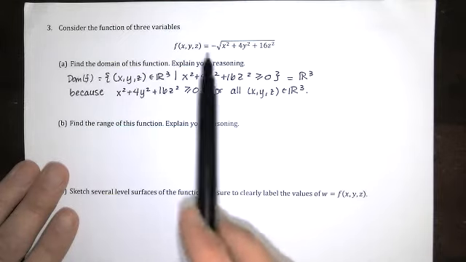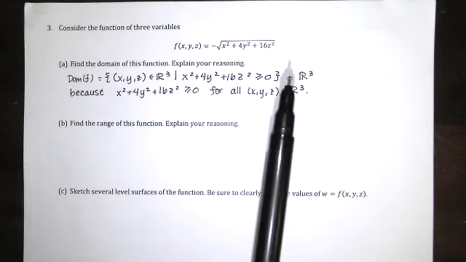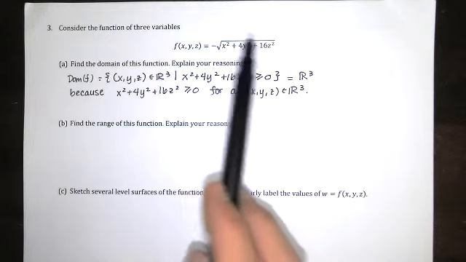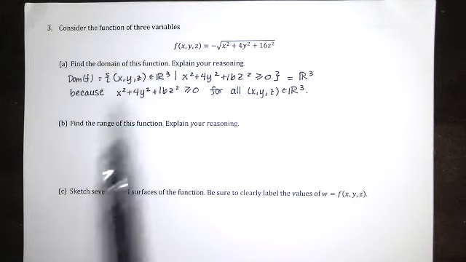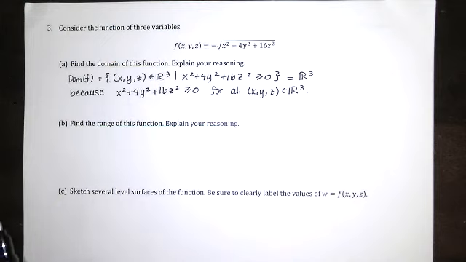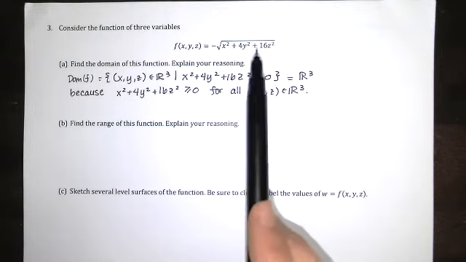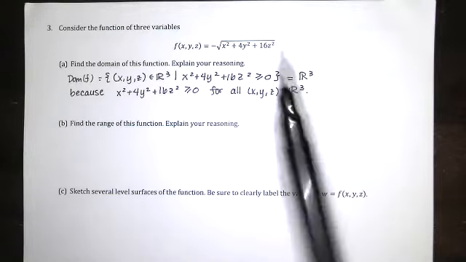We know that square roots always give us numbers that are greater than or equal to 0. So this by itself would have a range of 0 to infinity, but then I multiply it by -1. So I took this number that was positive or possibly 0, and I multiplied it by -1. Now it's negative or possibly 0.